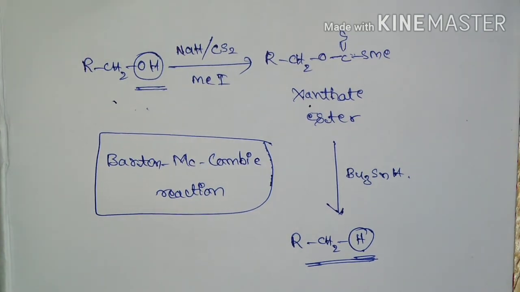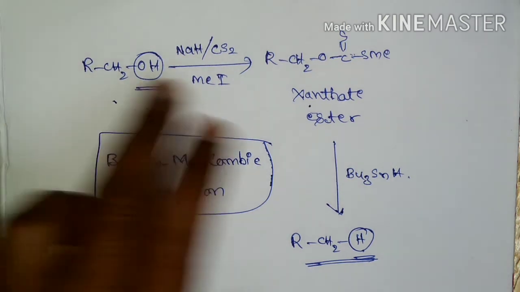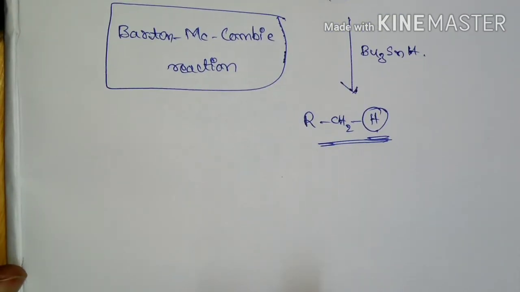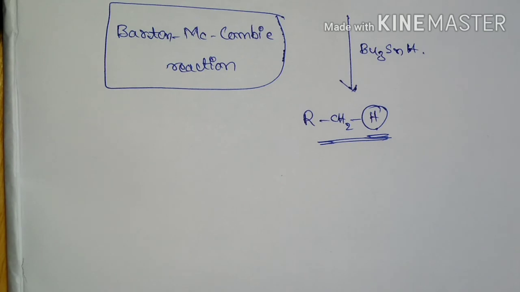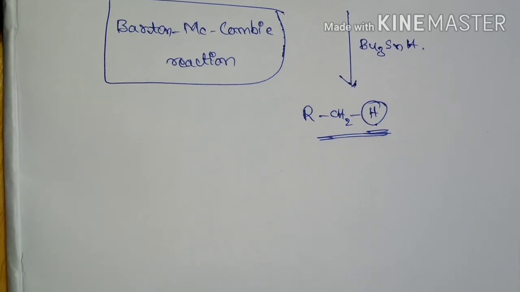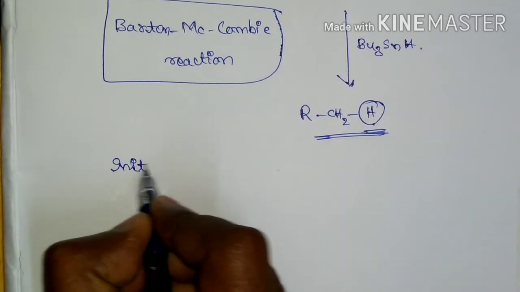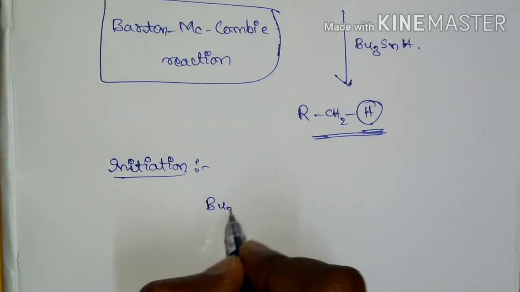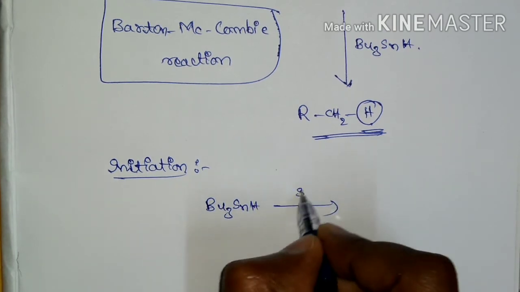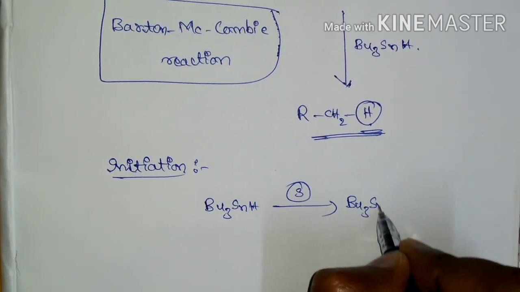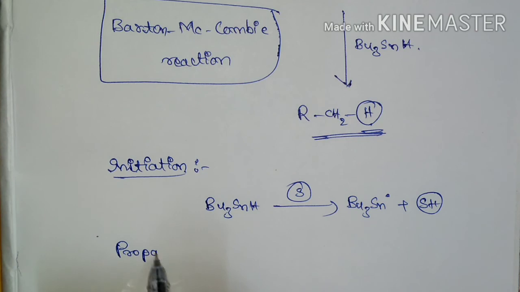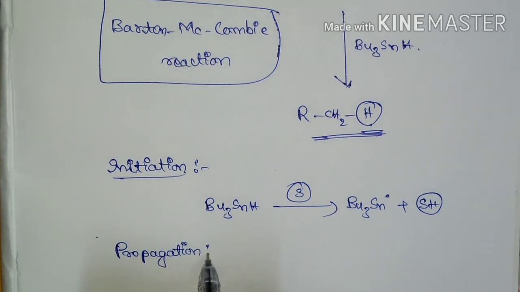Now let's see the mechanism of how this reaction takes place. I am not going to write the mechanism for formation of the xanthate ester. I will concentrate on how tributyl tin hydride reacts with the xanthate ester. The first step is initiation: tributyl tin hydride, in the presence of an initiator, forms tributyl tin free radical. The next step is propagation.